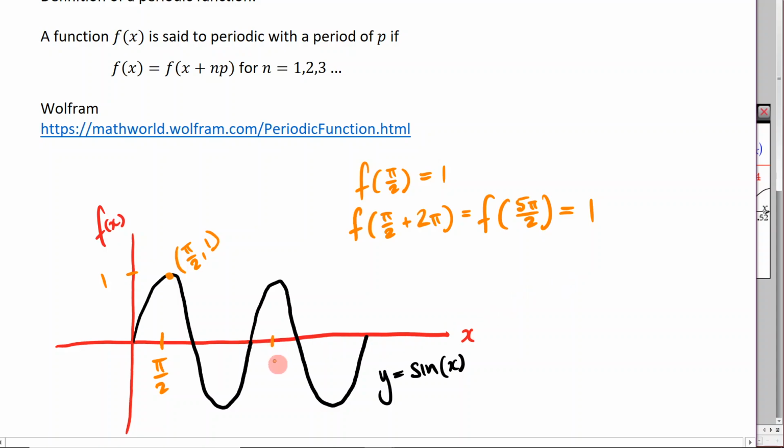So I could say that f of pi on 2 is equal to f of 5 pi on 2, because I'm getting the same output. As I travel some period, I'm getting the same output. That is what a periodic function is.